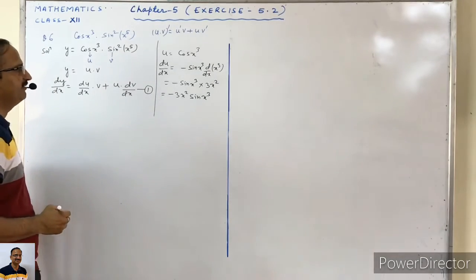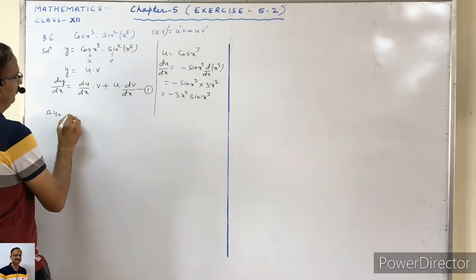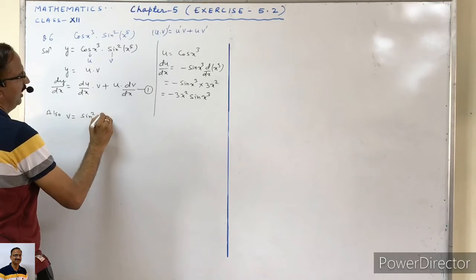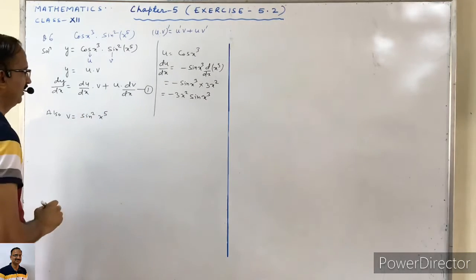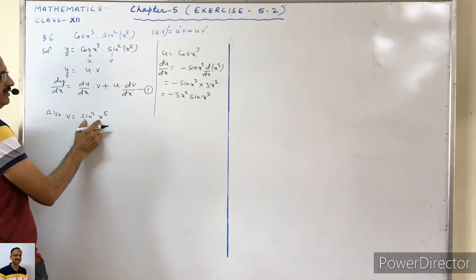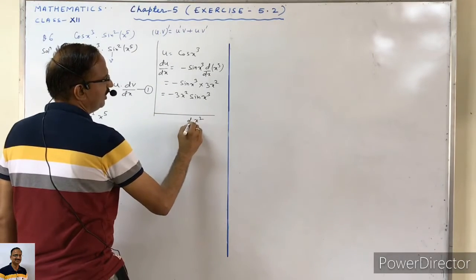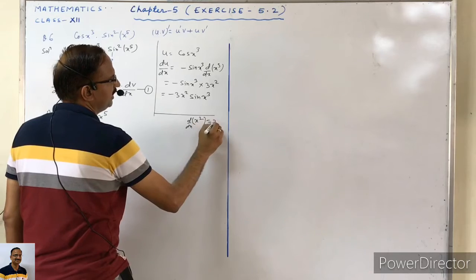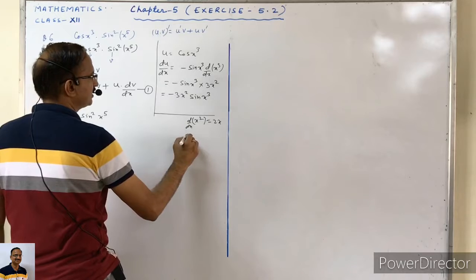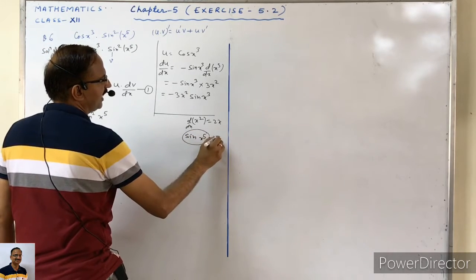Now we will find the value of dv by dx. Also v is sine square x raised to power 5. Now suppose this function is x, and as we know the differentiation of x square with respect to x is 2x. So we will treat this sine x raised to power 5 as x.